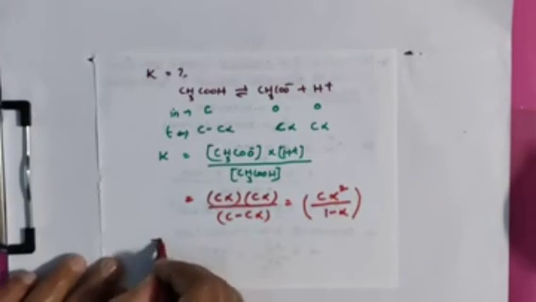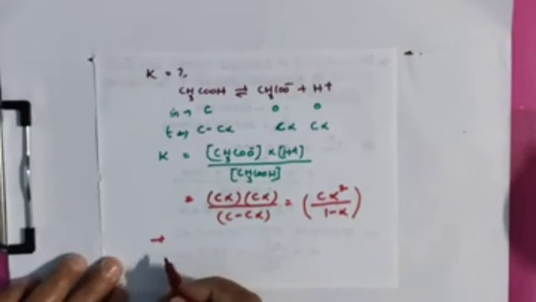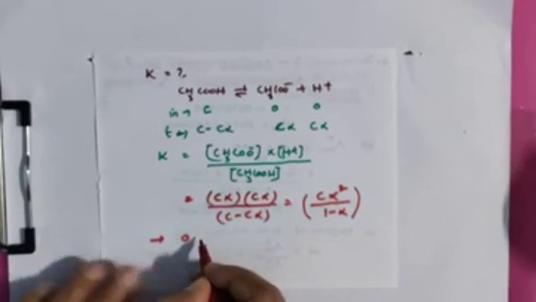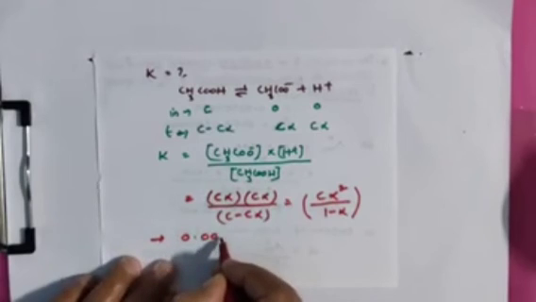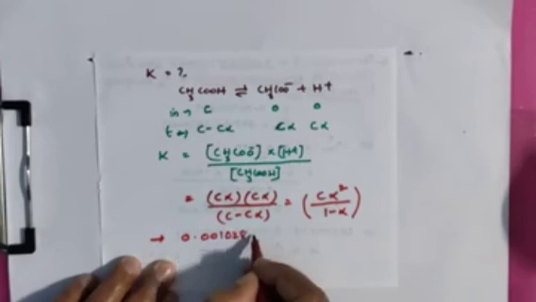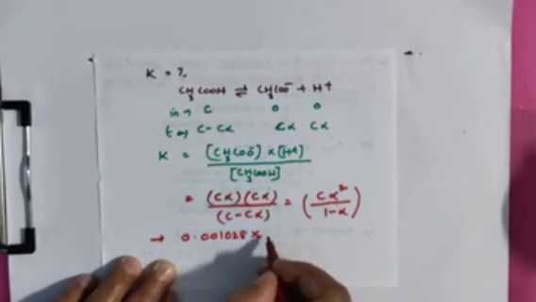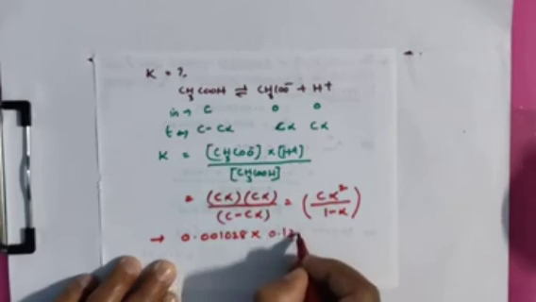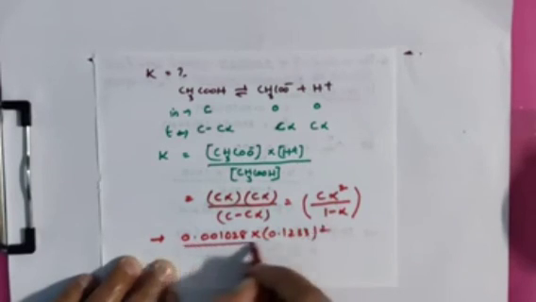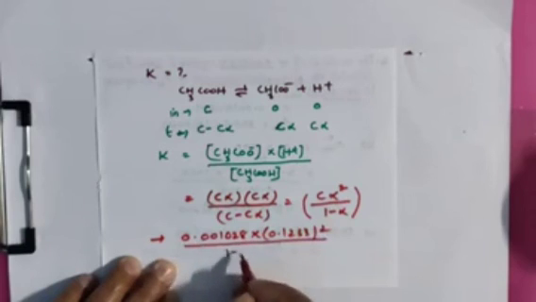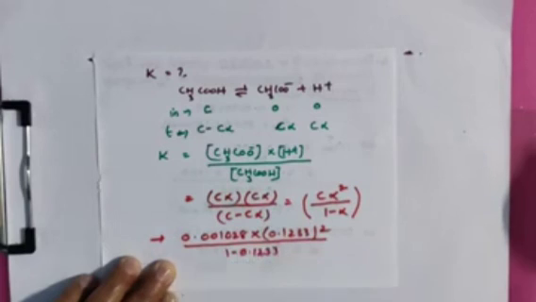Substitute the problem values. 0.001028 into alpha value. Alpha value we calculated 0.1233, whole square, upon 1 minus alpha value 0.1233.